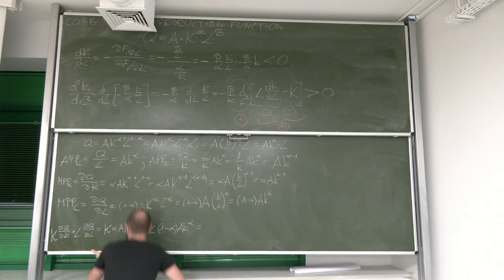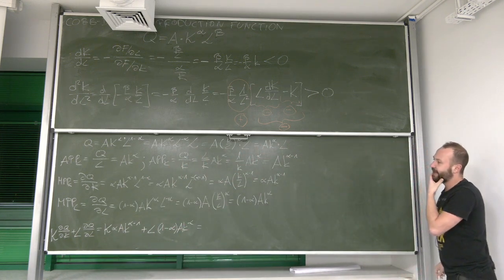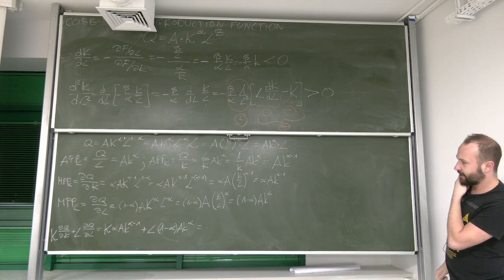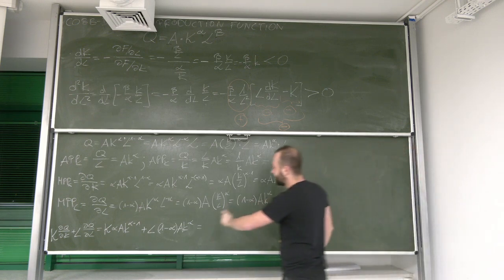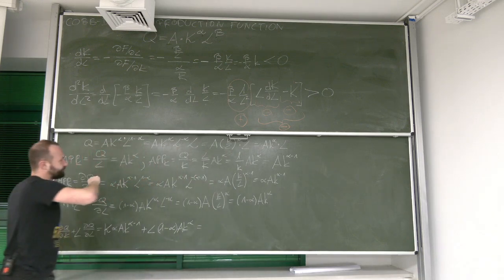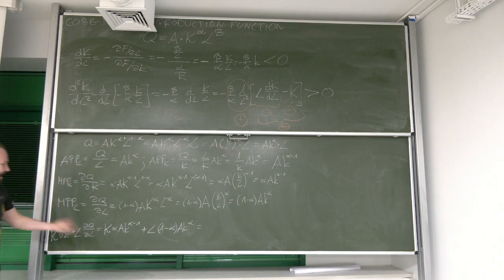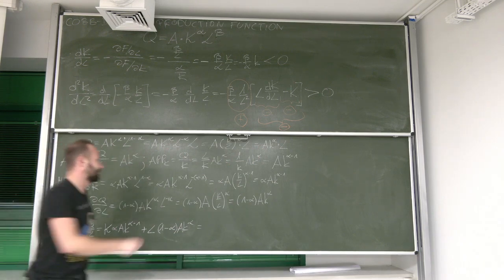And look, we could solve this problem in various different ways. The easiest way, I think, is to simply try to pull the production function out of all of these expressions. And let's do it.